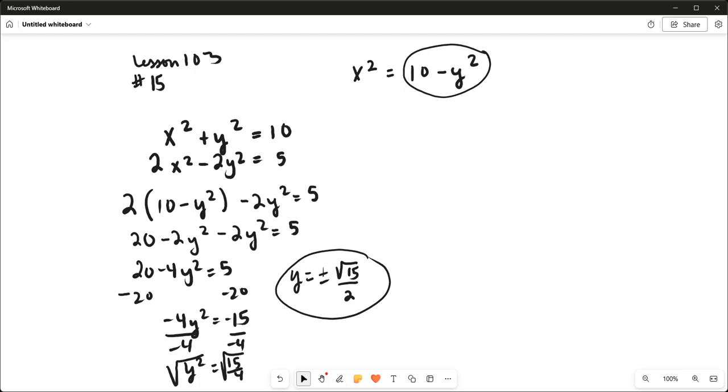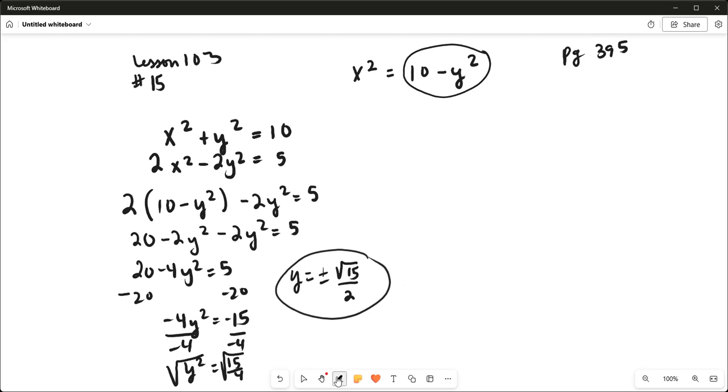If you look back on page 395, you can see one of the graphs of these, but actually the graph's on 396.